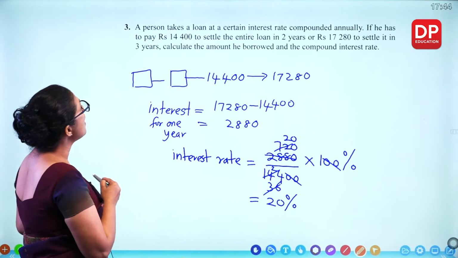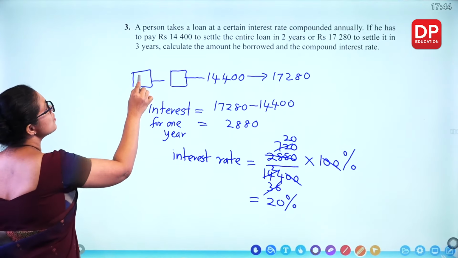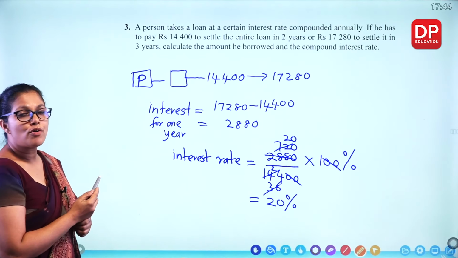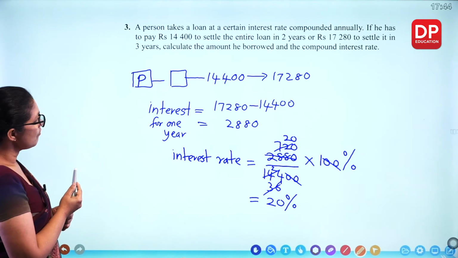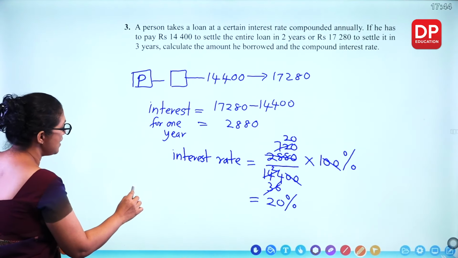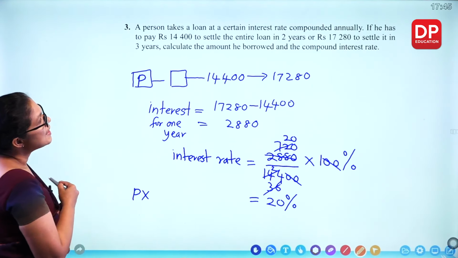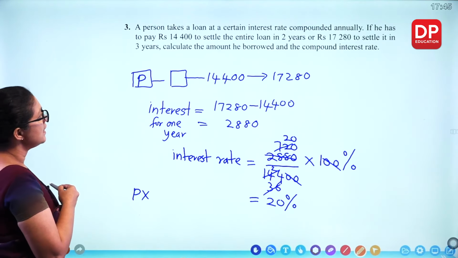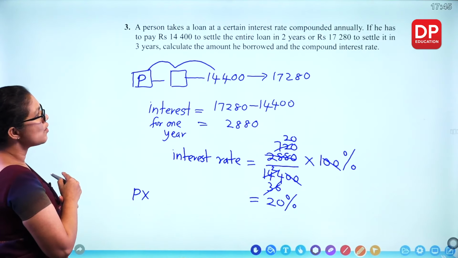Now we need to find out the amount he borrowed. So this is the amount borrowed. You can take it as P. So how do we find it? P into, this is compounded annually, so after 2 years, this is 14,400.